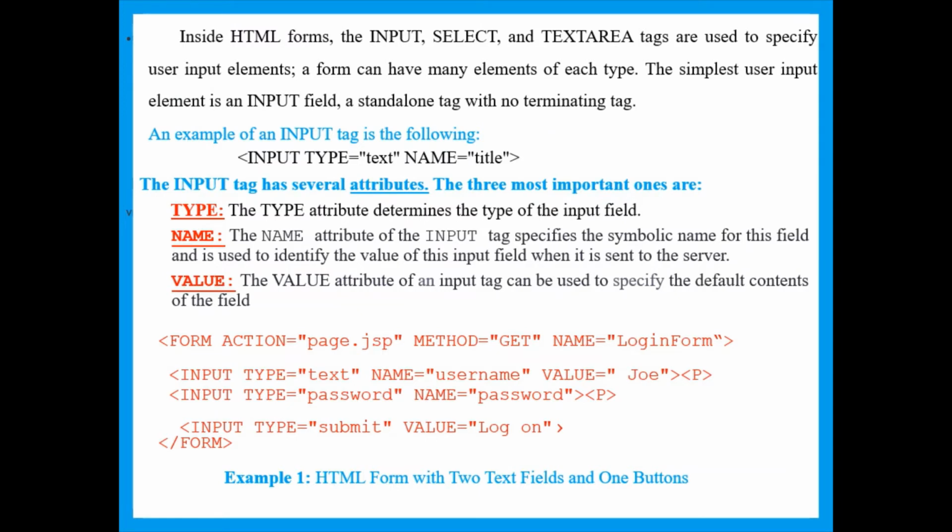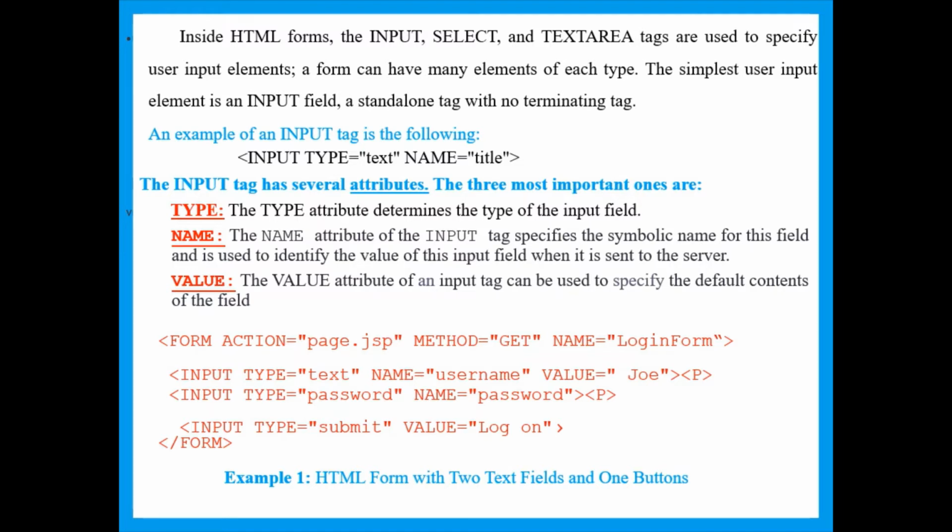Inside HTML forms, the input, select, and textarea tags are used to specify user input elements. A form can have any number of elements of each type. The simplest user input element is an input field, a stand-alone tag with no terminating tag.